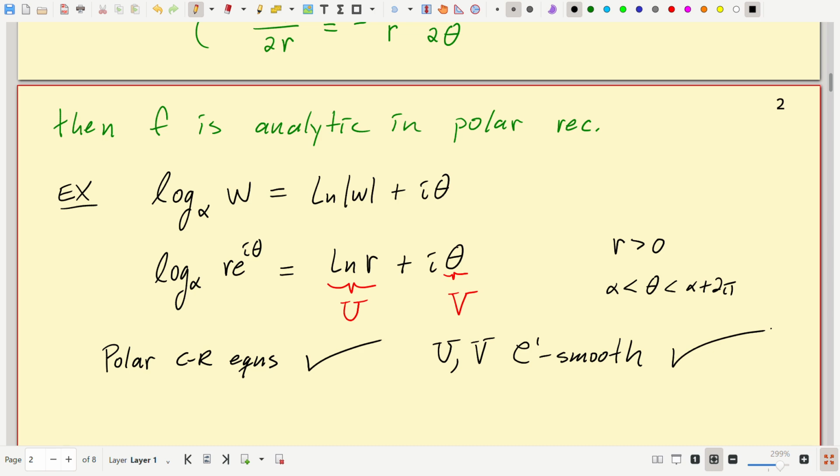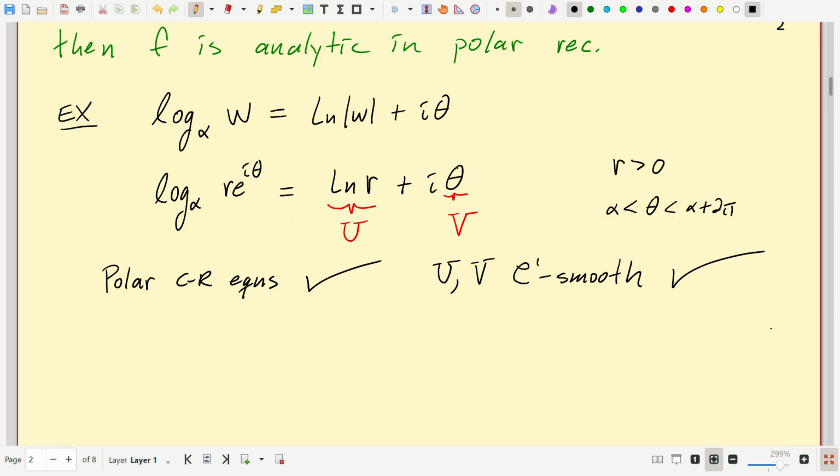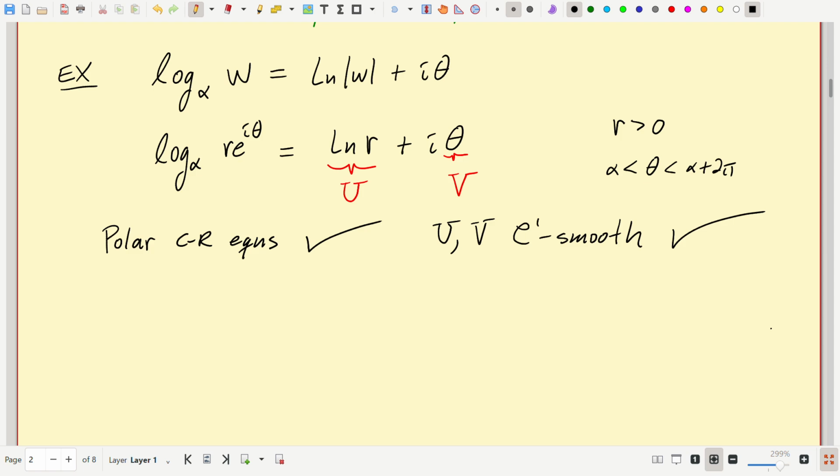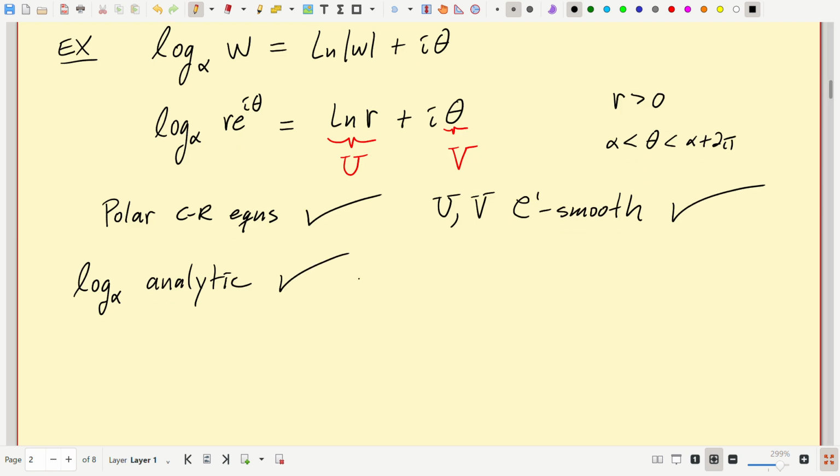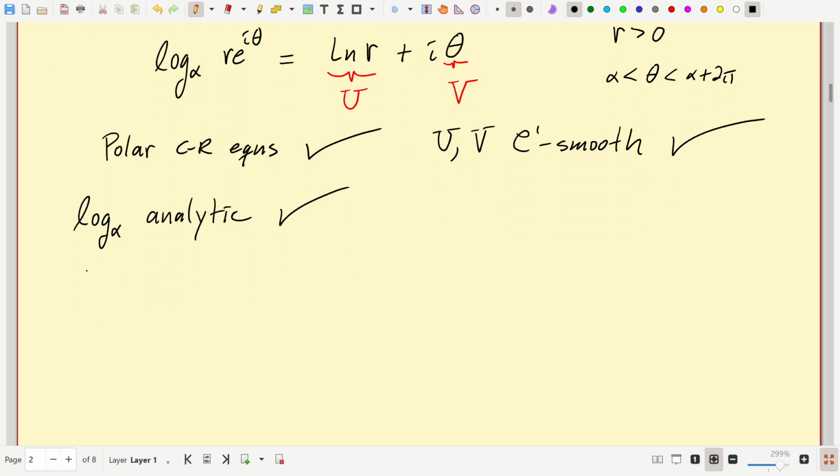So that means that the complex log function is analytic. And so all those branches I talked about, they involve some alpha. Okay, so before I continue here, now that I know that it's analytic, let's find its derivative.